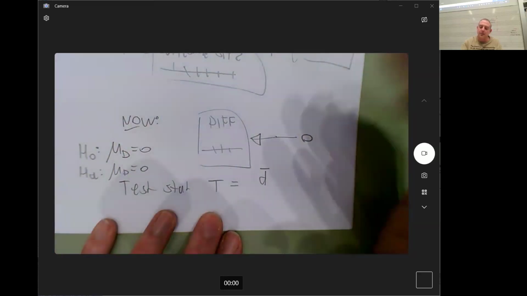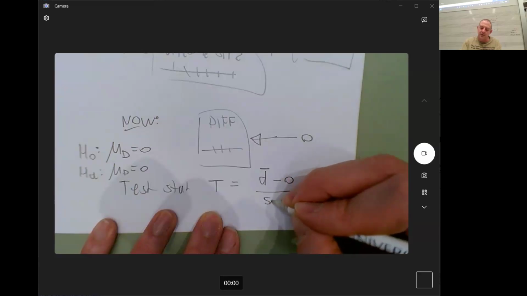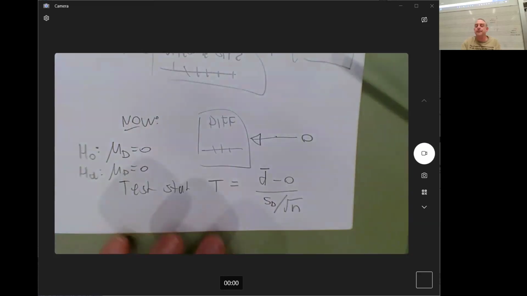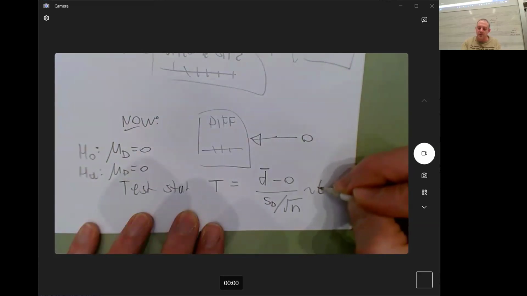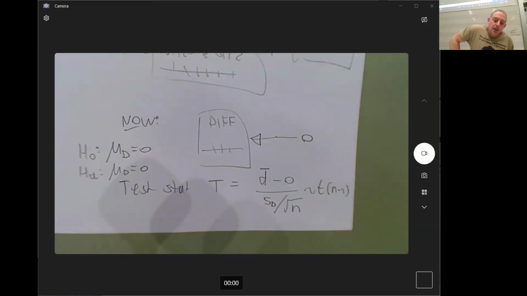All right, and we're going to compare that to 0 and do the standard deviation of the differences divided by root n. And this will come from a t-distribution with n minus 1 degrees of freedom. That's how the paired t-test works.